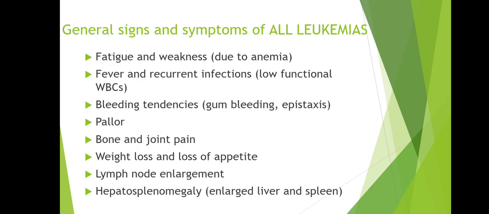Bone and joint pain is going to occur. Then we have weight loss and loss of appetite. The lymph node enlargement is just due to the infection that is there, so the lymphatic system is also trying to fight the infection. Then we have hepatosplenomegaly, enlarged liver and the what? And the spleen. So we call it hepatosplenomegaly.